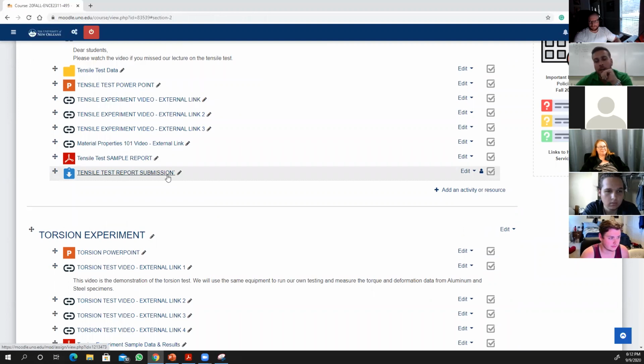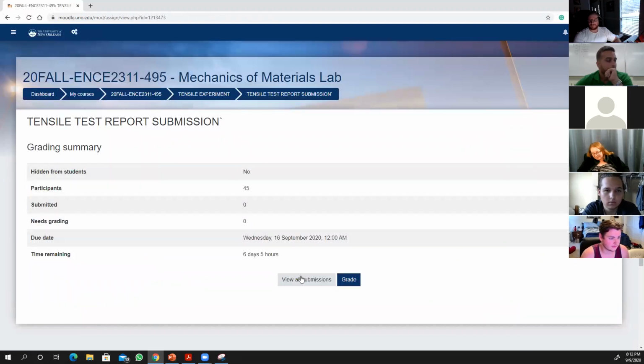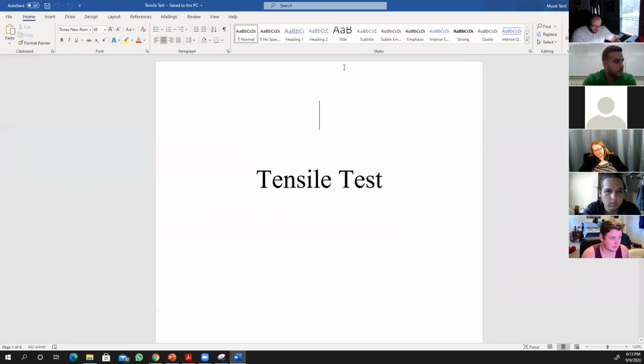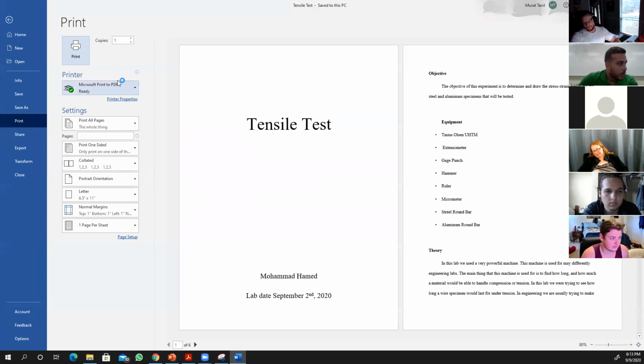Because what I did was, you cannot try anything but PDF. But why would you try? Just do the PDF, you know? Let's say you have the Word file. Okay, I'm gonna pull up something, tensile test. Okay, so I come here, Control P. Can you see the printer option?